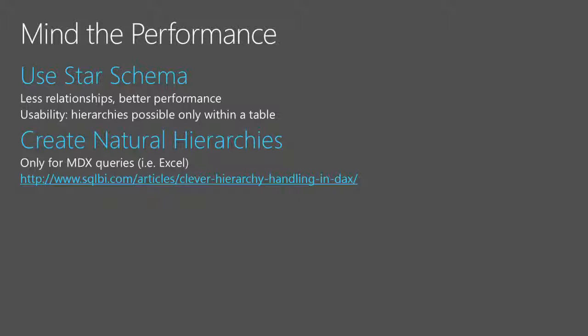You cannot create hierarchies across different tables, and you may have to spend too much time navigating relationships. You will not do that in your formulas, but the engine will have to do that. So there is a usability point and there is a performance point.